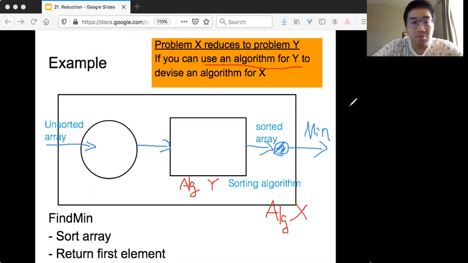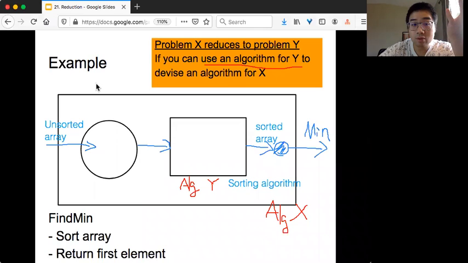You might ask, in this example, why do we want to use this? It's not very efficient, and that's true. But if you write the code, it's actually simple because you utilize the power of a black box. And this is very useful in many of the more complicated problems.